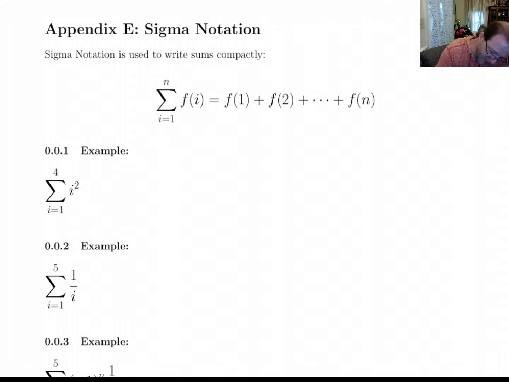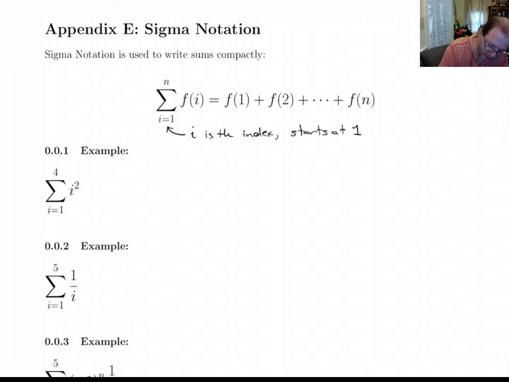On the bottom, this I is called the index, and this tells us where to start. So the index is I, and it starts at 1.